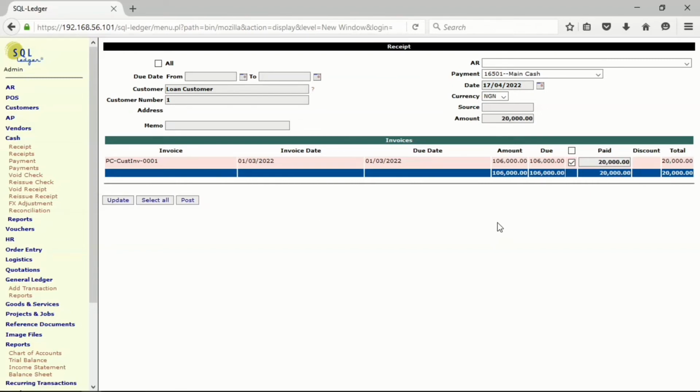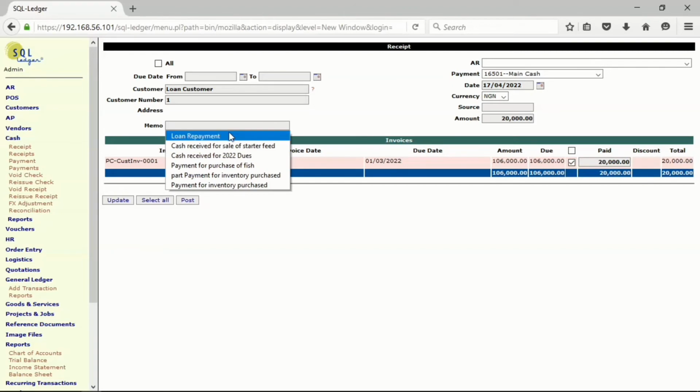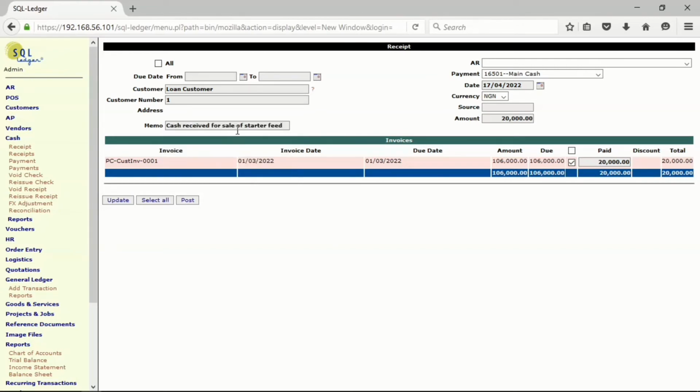Once you click on update, you can put a description here: cash received or part payment for whatever. Let's put cash received for payment of loan.